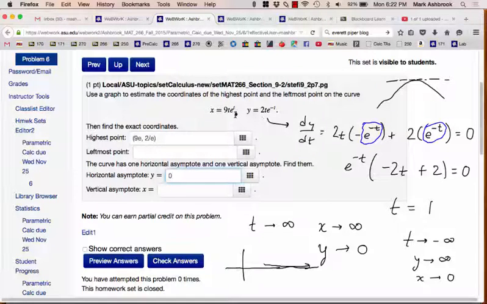Because e to a large negative number will get small much, much faster than t will get large. Okay? So this will also be 0. That's extra credit, because we didn't talk about that.